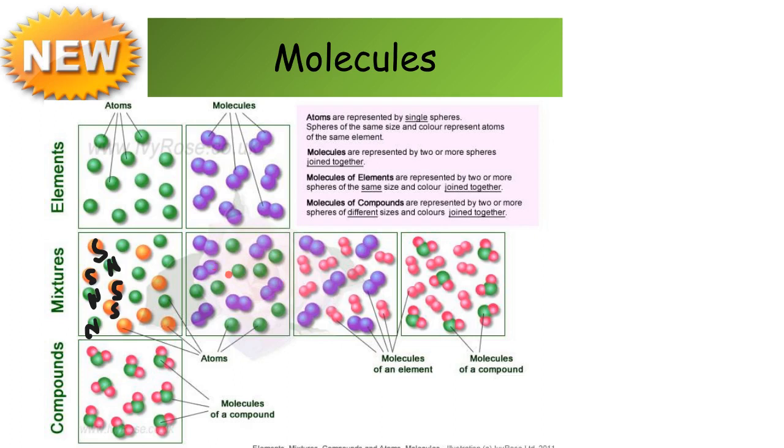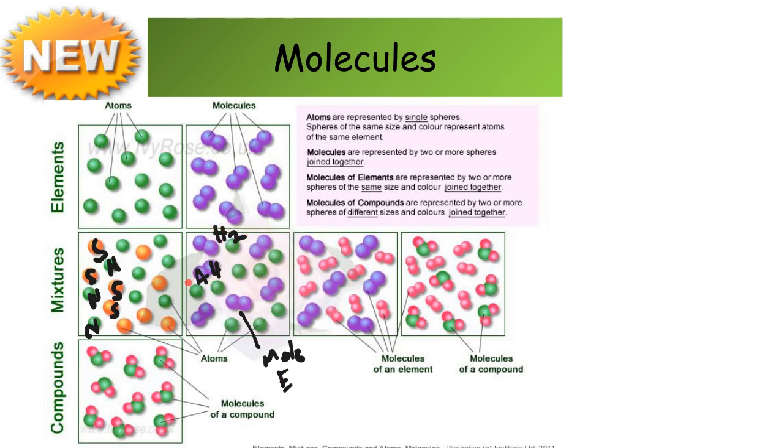So here we have some molecules. So here is molecules and atoms. So individual atoms, this is a molecule of an element. Molecules of an element. Let's say these are hydrogens. All of these would be written in chemical formula form as H2.